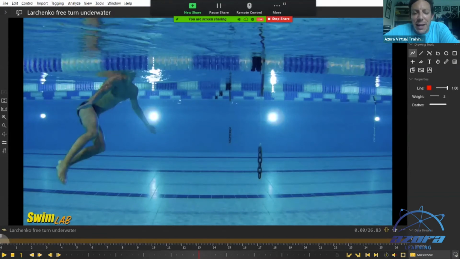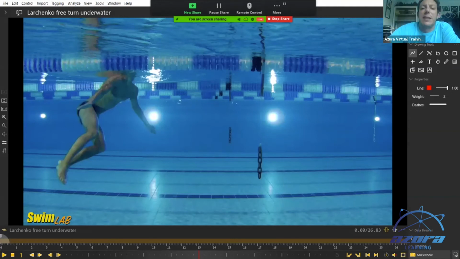Let's start with Alejandro. He's asking, Paul Bergen was teaching us that at the time to touch the wall with the feet should stay either at 11 hour or 1, depending on what side you're doing the turn. So that means that the rotation starts from the turn.